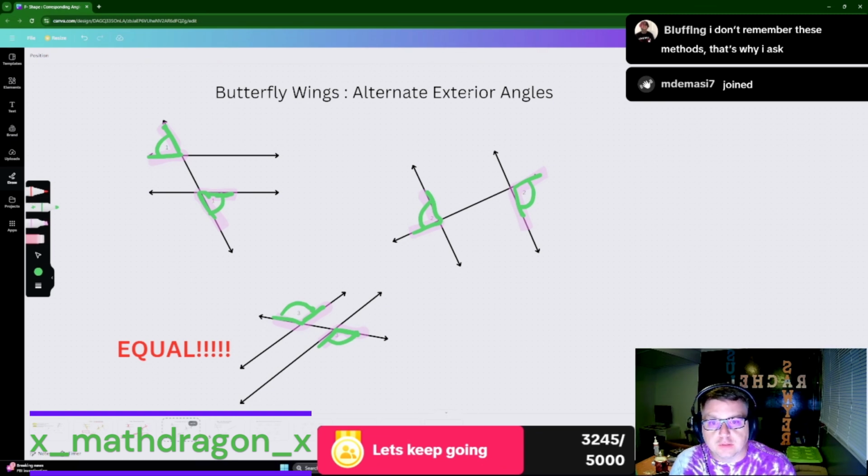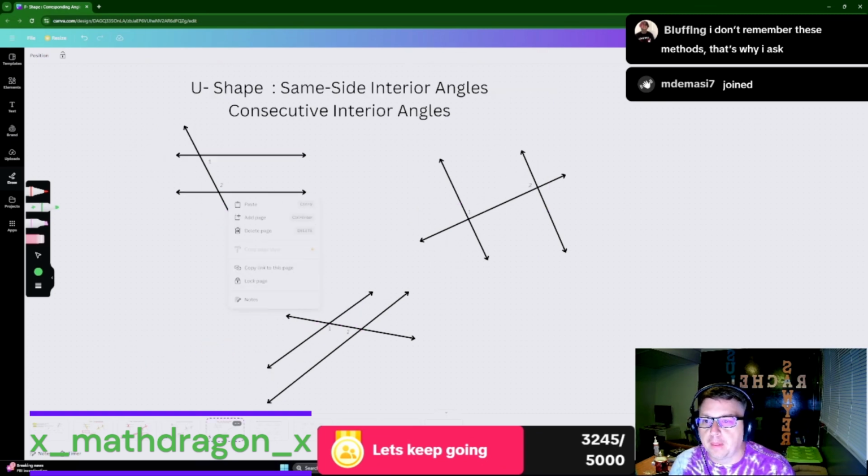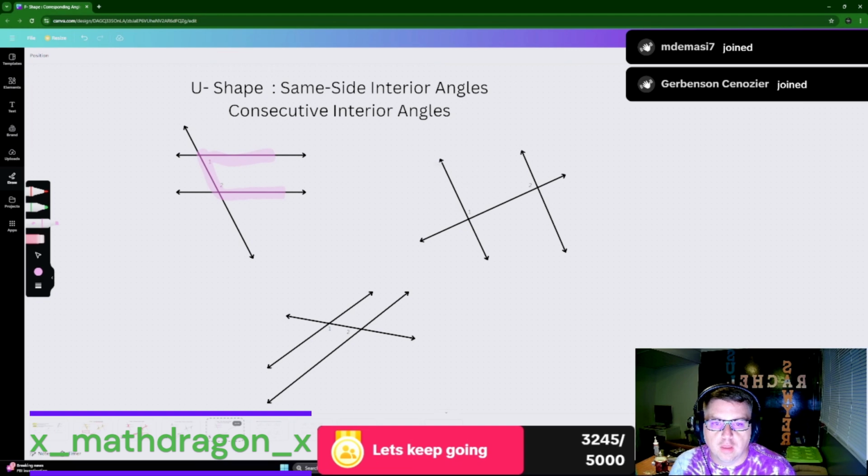Alright, so butterfly wings, alternate exterior angles. And the fourth one, of course I moved these ones. Fourth one is going to be two angles in the middle that make a U shape. This is the U. Okay? Now, what's special about the U is not that they are equal to each other.